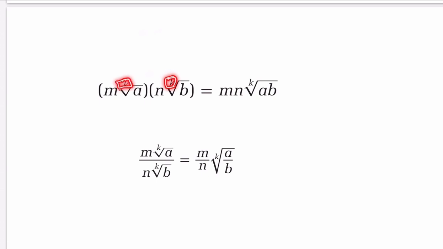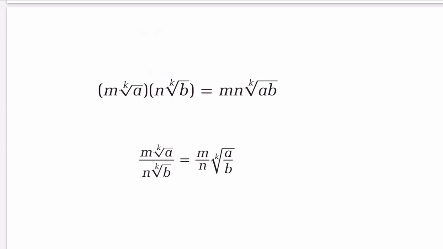So in general, if you have a multiplication between two numbers that have the same roots, you can put the numbers that have the same roots in a single root, and you can just multiply whatever is outside the roots. And the same thing for the division.